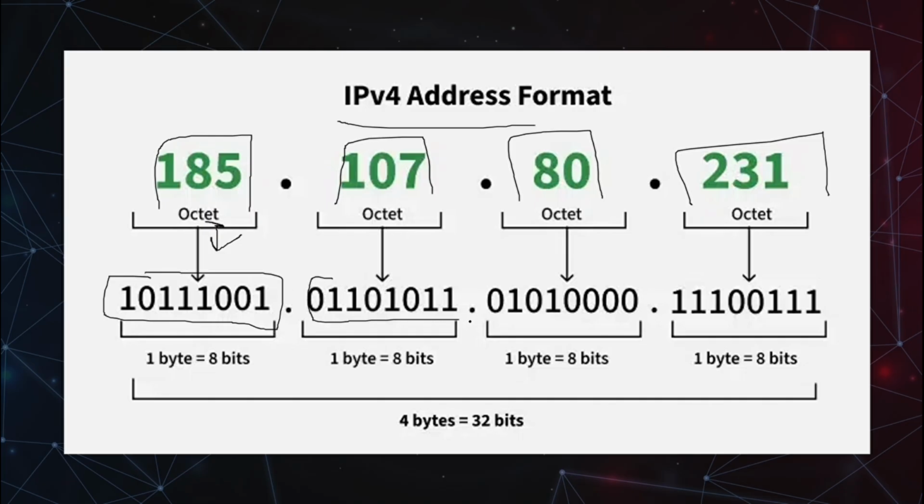So for your information, 1 byte is equal to how many bits? It is 8 bits, and this contains 8 bits, this contains 8 bits, this contains 8 bits, and this contains 8 bits. Total 4 bytes is equal to 32 bits. The total IP address is 32 bits.